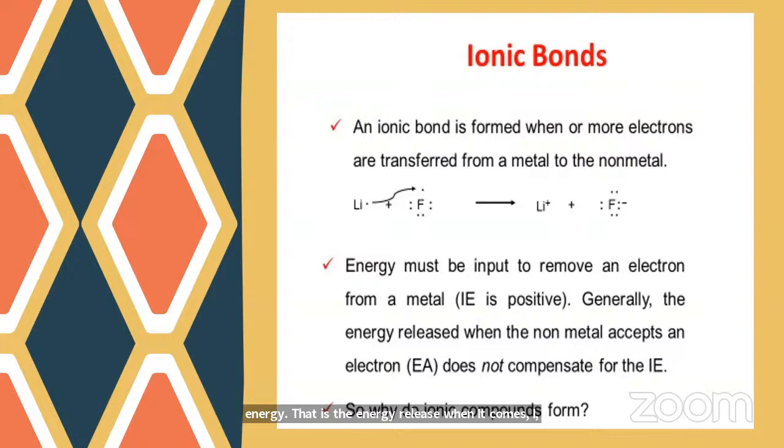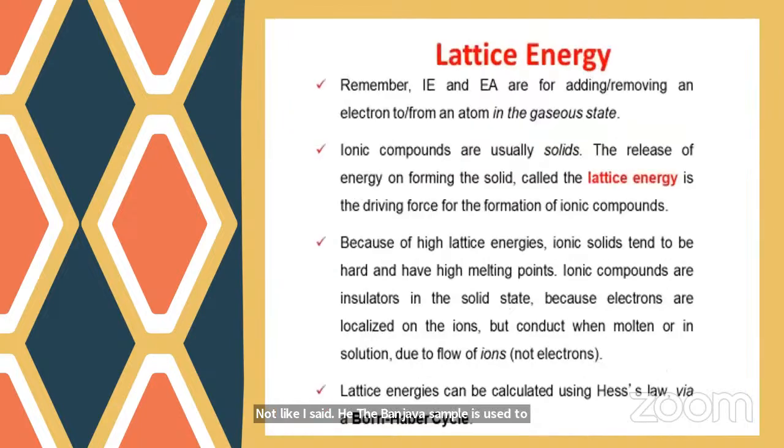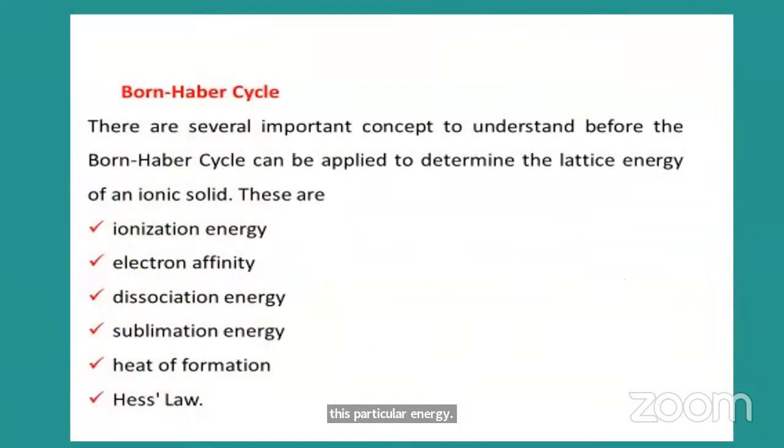Now, like I said, the Born-Haber cycle is used to calculate lattice energy, but it does not only involve this particular energy, it also involves the ionization energy, electron affinity, dissociation energy, sublimation energy, and heat of formation.